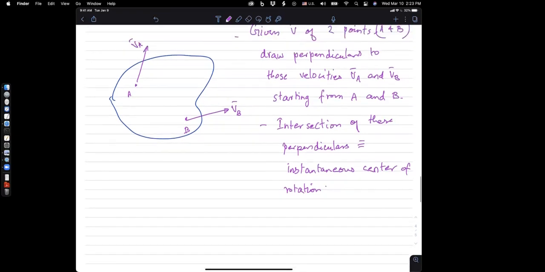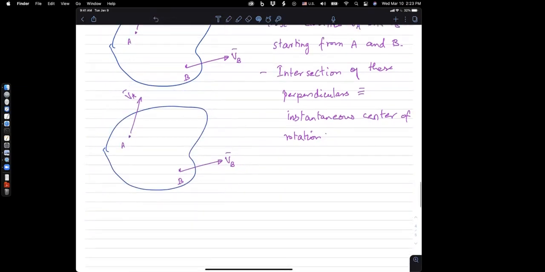So let me quickly draw this. You draw a perpendicular to this, and another perpendicular to this, and that point is basically Q. This point has the property that the whole object seems to rotate about it.